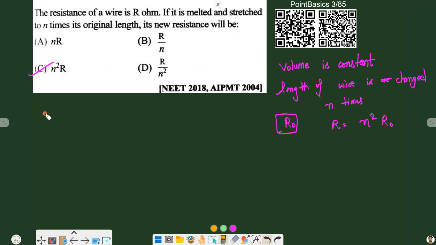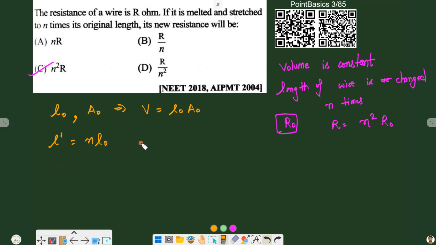As volume is constant, let's suppose L node was the initial length and A node was the initial area, and V is equal to L node times A node. Now suppose the new length L dash is n times the original, so it will be n times L node.